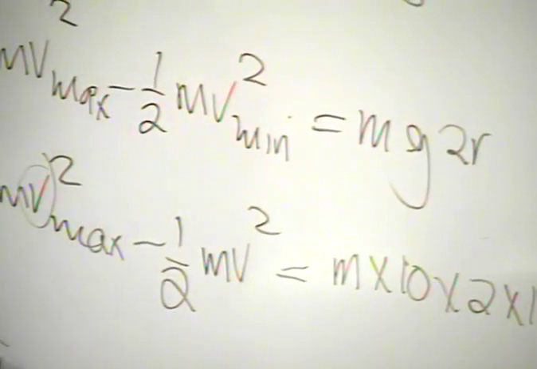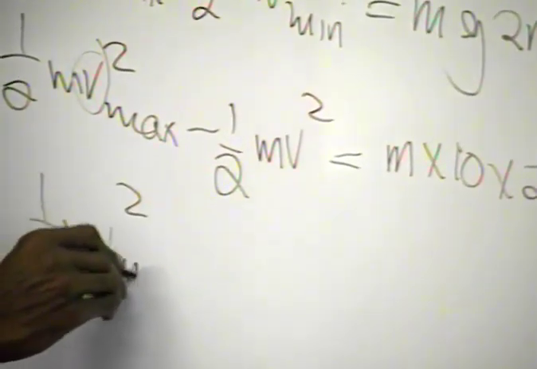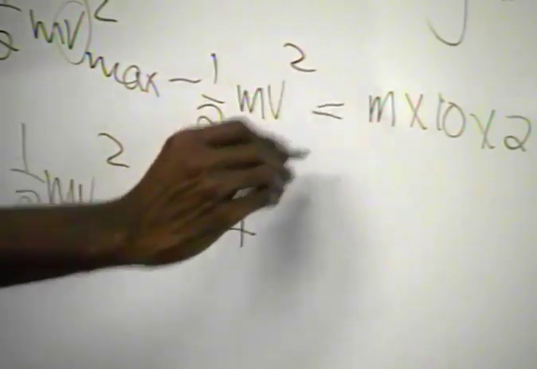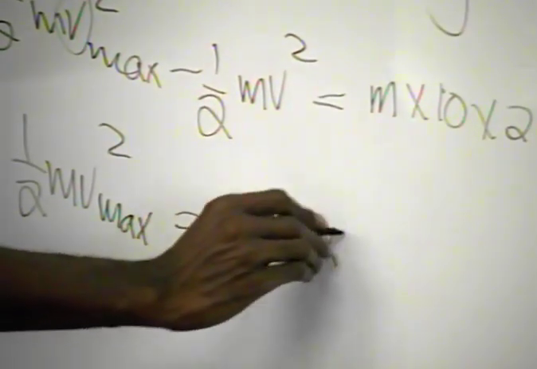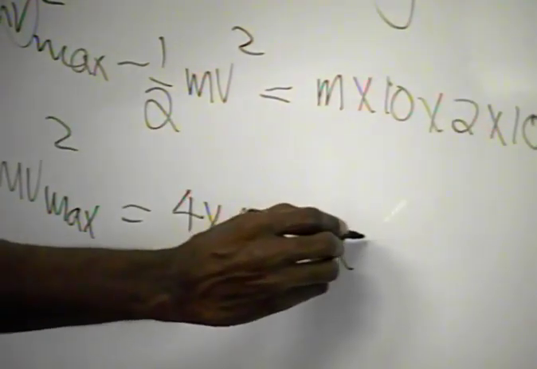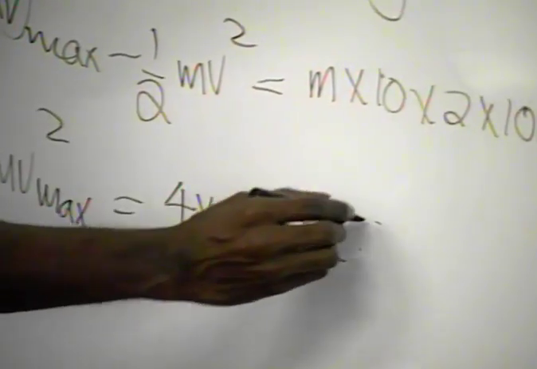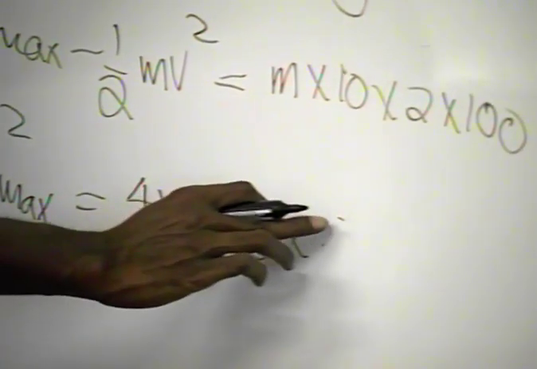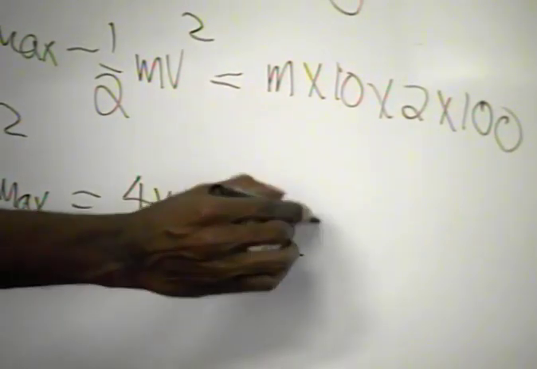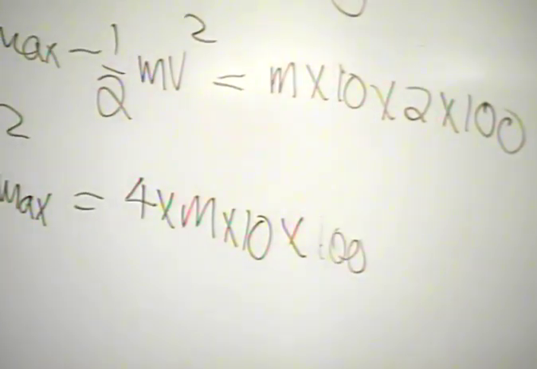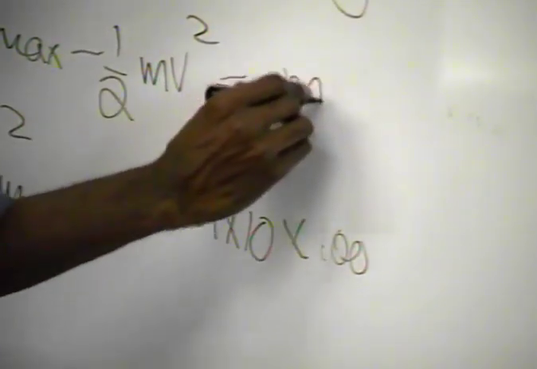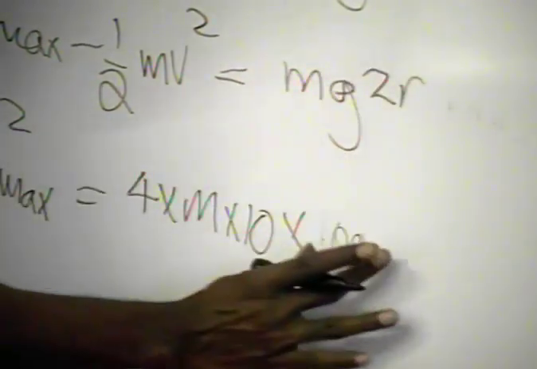So in this case, it will be half mv square maximum equals to 4 times m times 10 times... If we can start off, then it will be mg 2r.